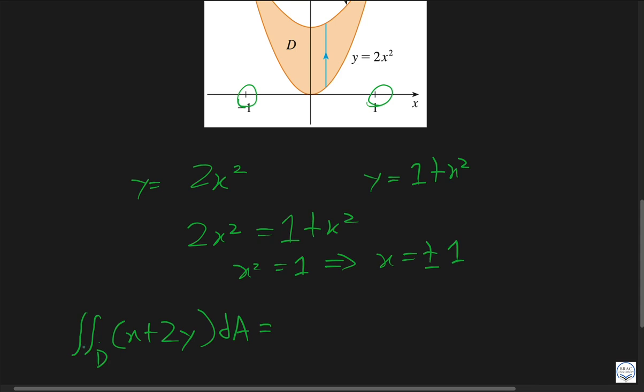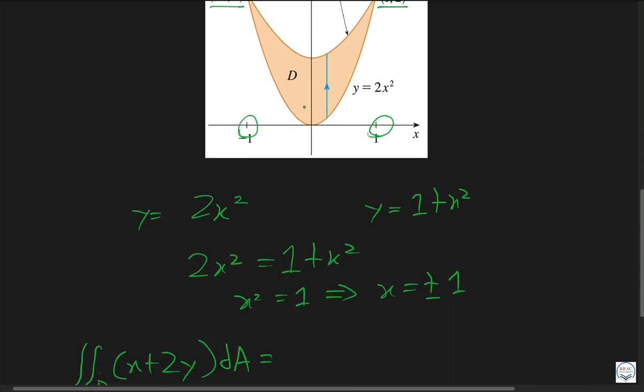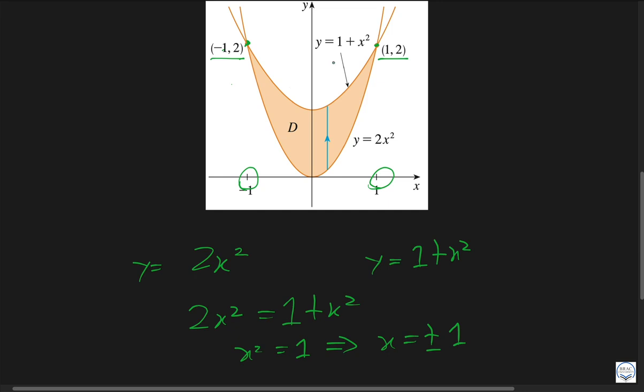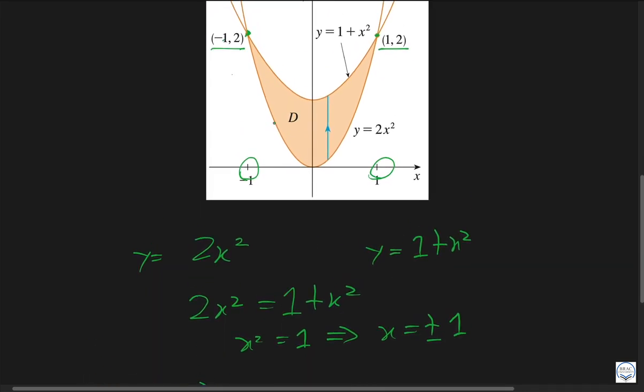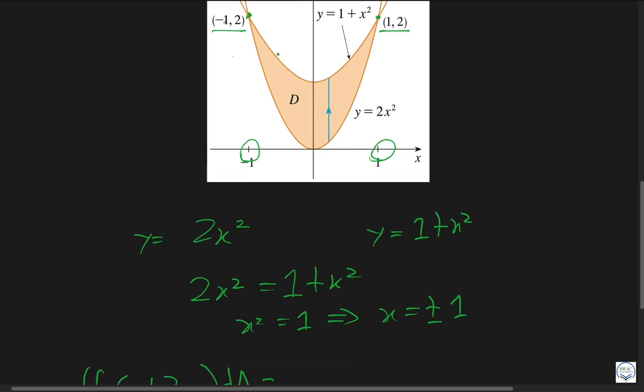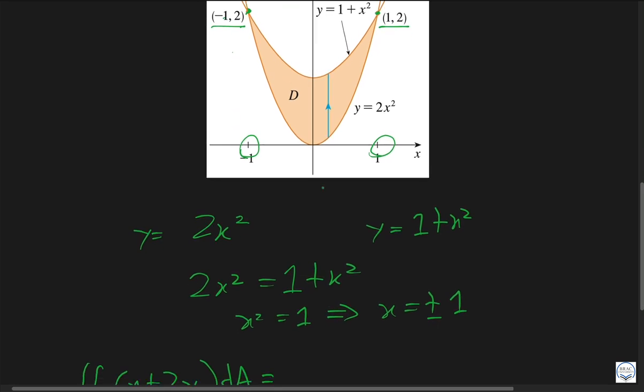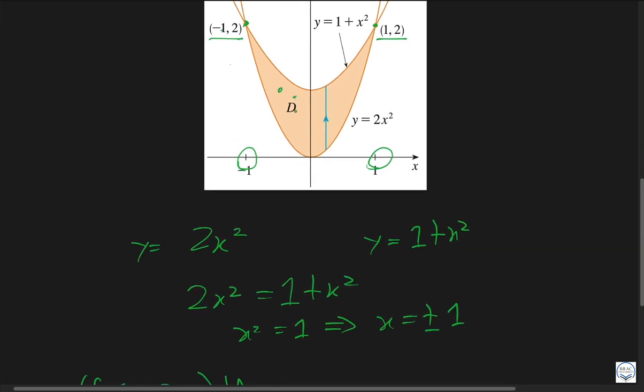The first thing we need to do is set up an iterated integral, for which we will need to find the limits. Since it's non-rectangular, we need to use either a type 2 domain or a type 1 domain. For this particular problem, using a type 1 domain is easier, so let's try that.